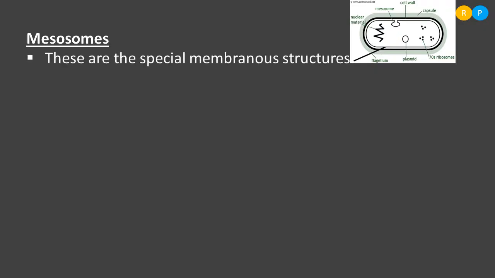You can observe the mesosome structure in the diagram. Carefully look into the plasma membrane. The plasma membrane enfolds towards the cytoplasmic region in such a way as to form a mesosome structure. Because mesosomes are formed from the plasma membrane, they are known as membranous structures.